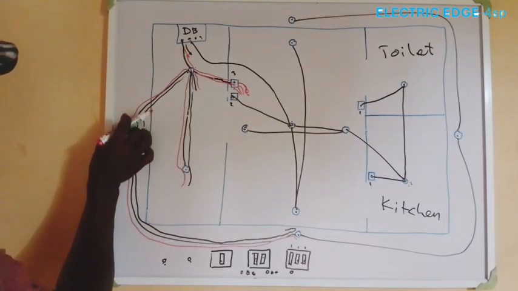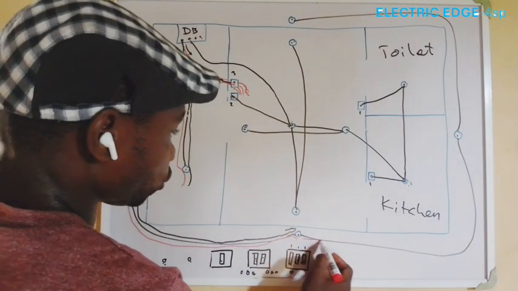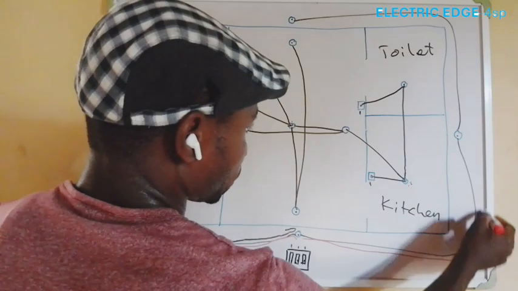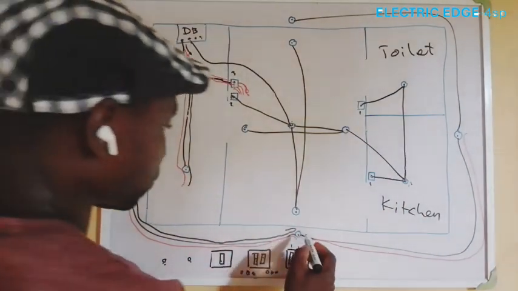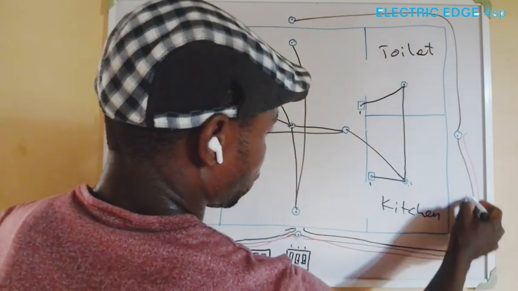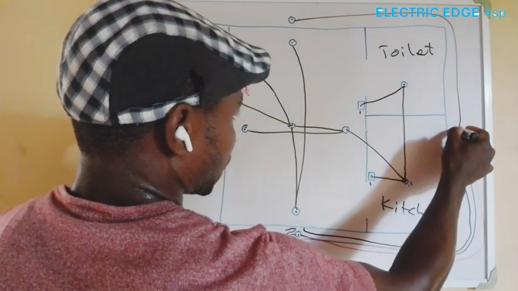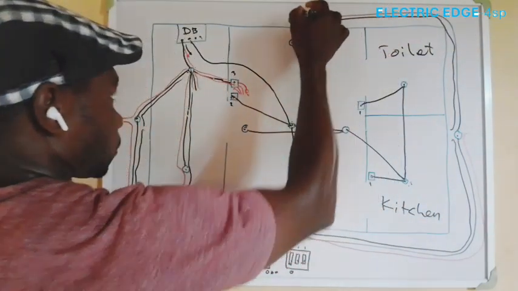No, you take the two at once. Then it will continue. Your red will continue from here to this point. The black will continue from here inside this pipe to this point, and they will continue just like that until the last point.